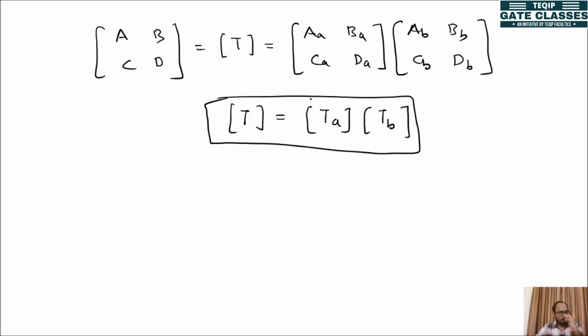So we can easily calculate the ABCD or transmission parameters if we know them separately for the networks which are connected in cascade. So what we have discussed today, we have discussed the relationship between various parameters, we have discussed the interconnection of the networks also, and what are the convenient parameters to express it.